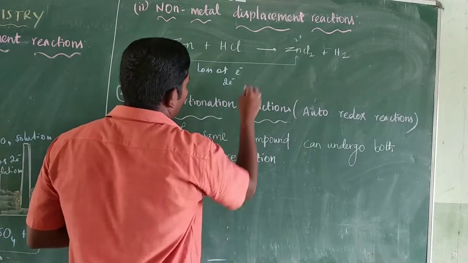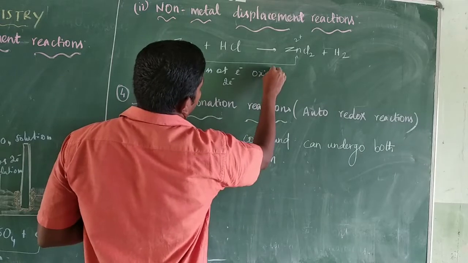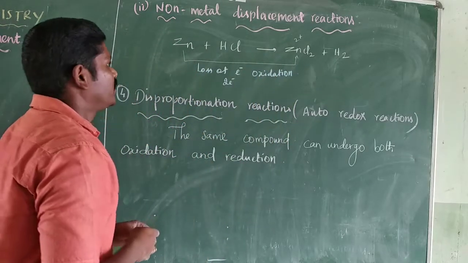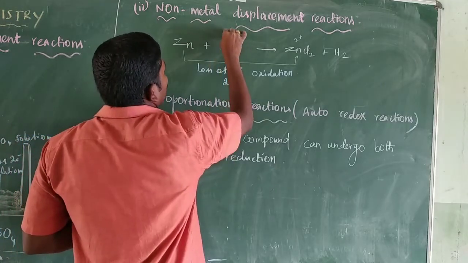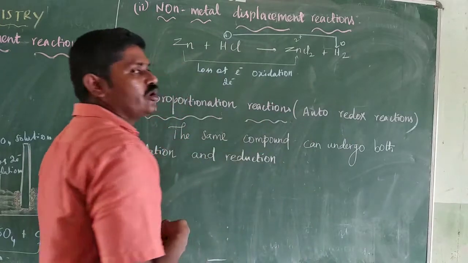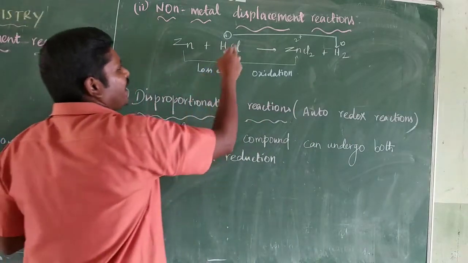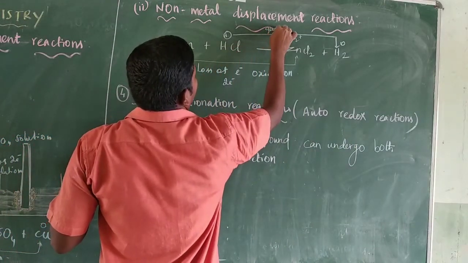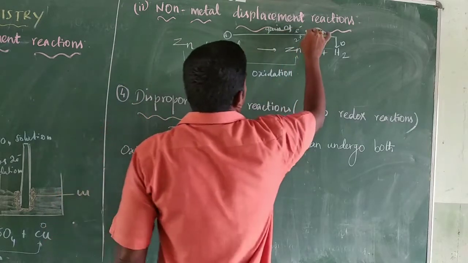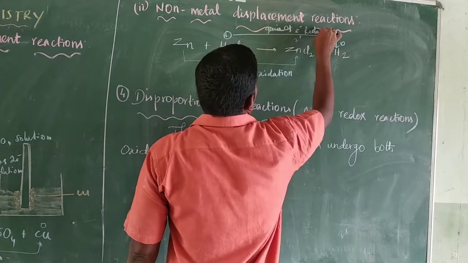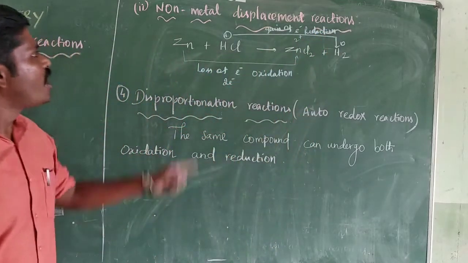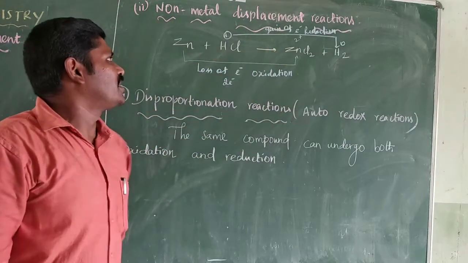Loss of electron is oxidation. H plus to H 0, gain of electron, reduction. Okay, this reaction is a redox reaction, a non-metal displacement reaction.